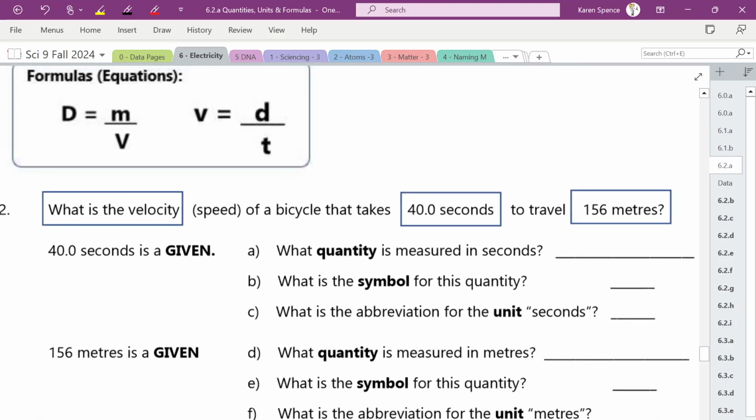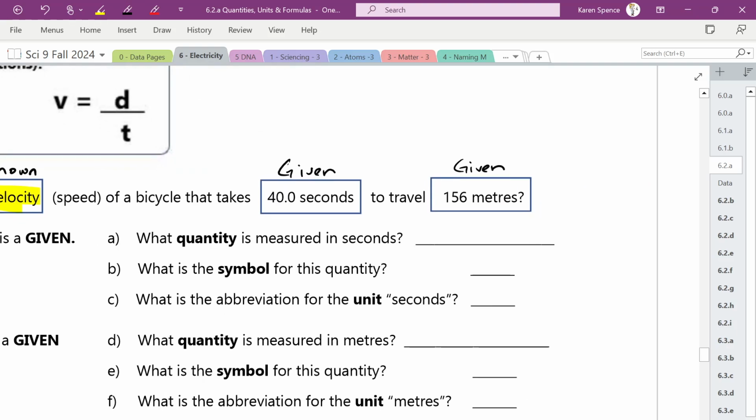Here we have, again, our formulas given here. We have our unknown. We have a given quantity and a given. Remember, you have to say to yourself, what am I measuring when I say 40 seconds?